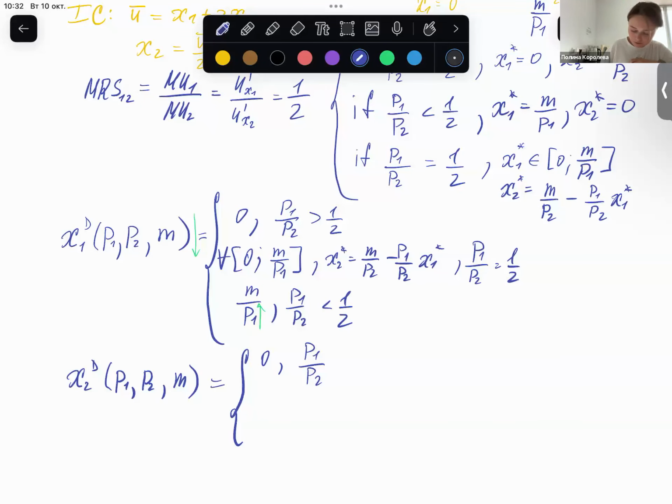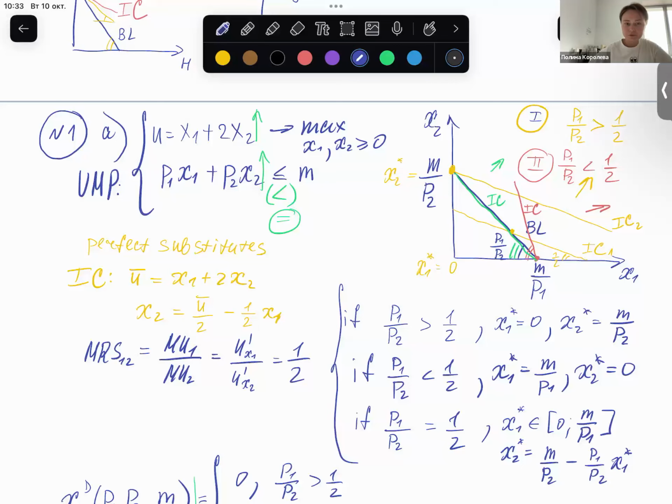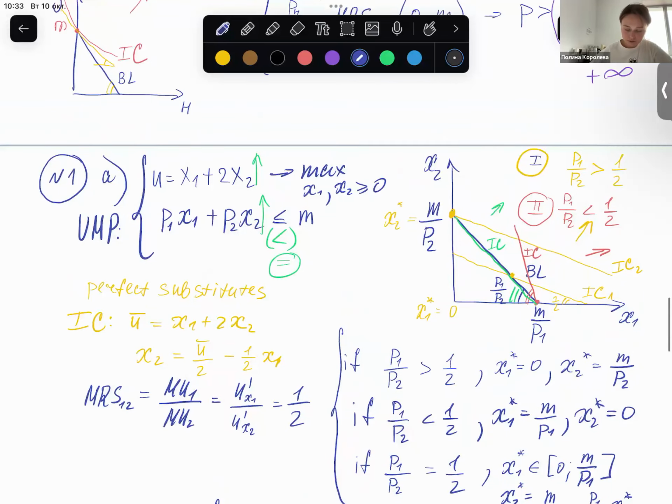So this is the solution of the utility maximization program for perfect substitutes. As you see, we do not have such standard preferences here, and we cannot use this last touch of budget line with indifference curve. We have here only corner solutions, and that's true.